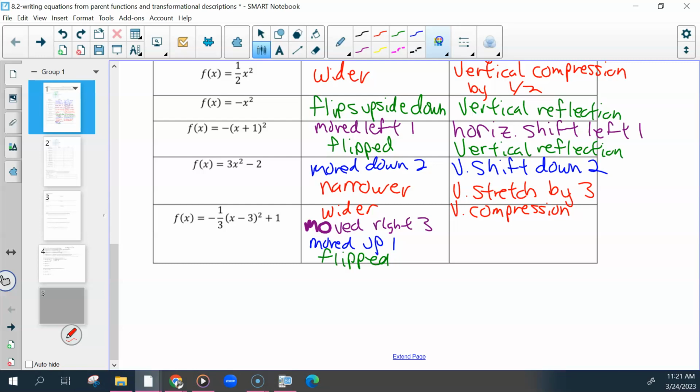Because it's wider. Okay, so because it got wider, which number tells us that, or which information tells us that? Is it the negative? That makes it the compression? The negative?